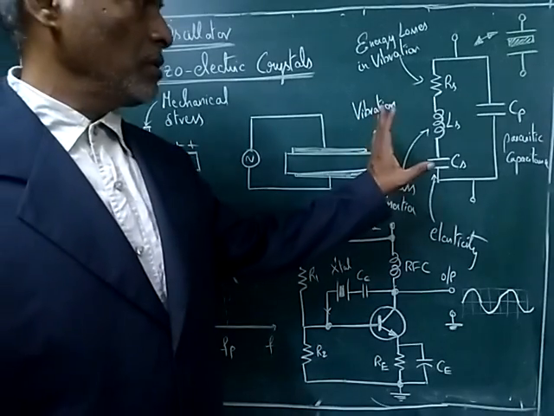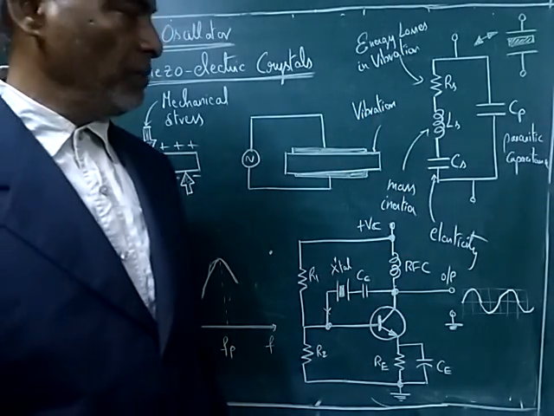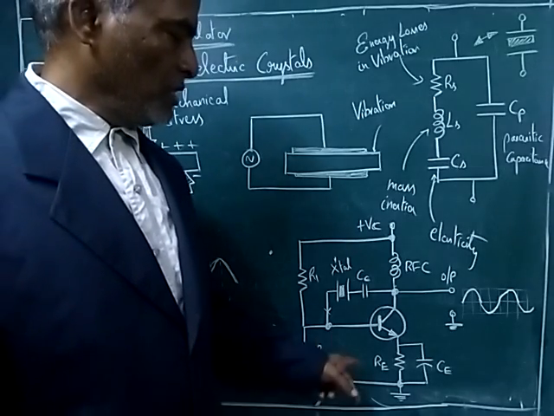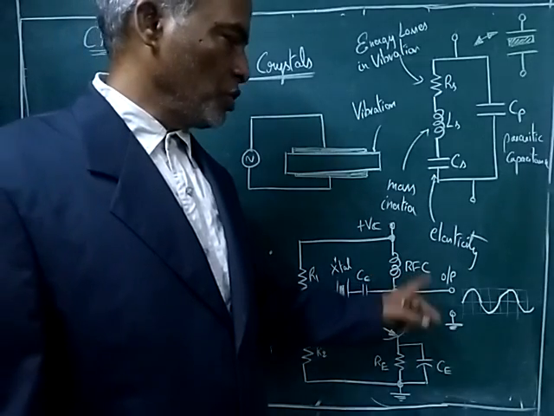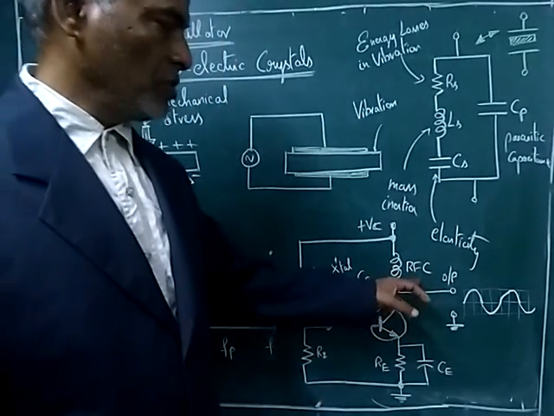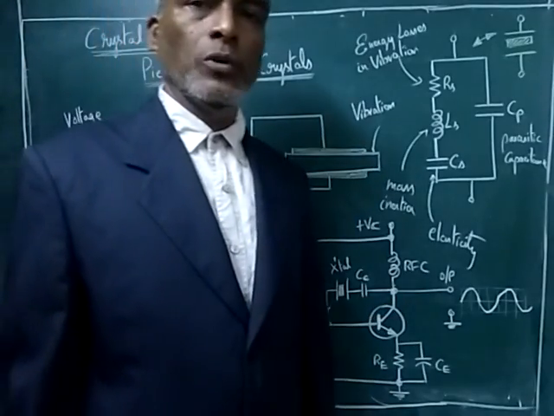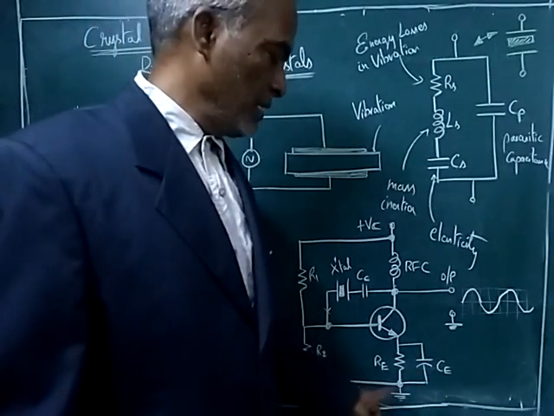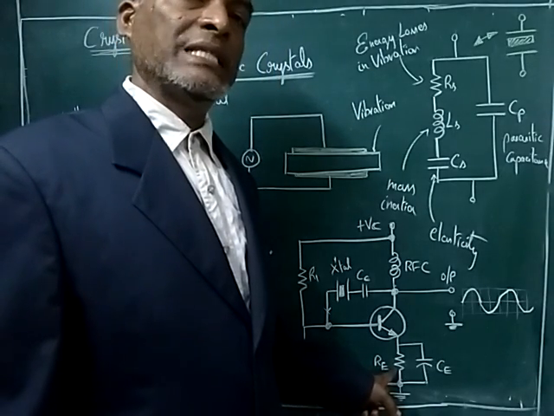Having understood the basic functionality of this equivalent circuit and the impedance graph, we will see one oscillator using a transistor. Here this is the RFC, radio frequency choke. For DC it's a short circuit, but for AC it's an open circuit. Then we have RE and CE. RE is connected here because it introduces negative feedback.